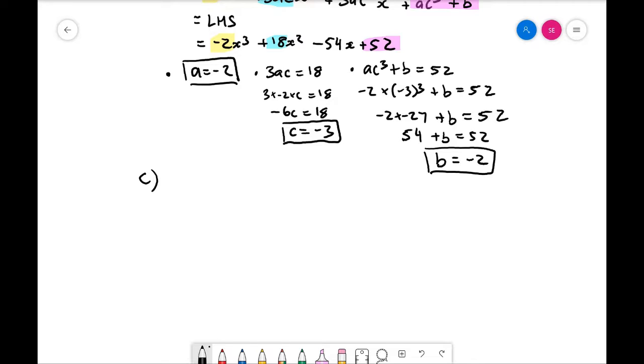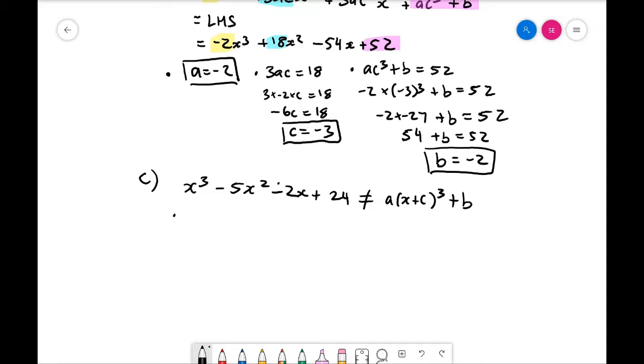Last but not least, so we have x cubed minus 5x squared minus 2x plus 24. We want to show that that can't equal a(x plus c) cubed plus b.